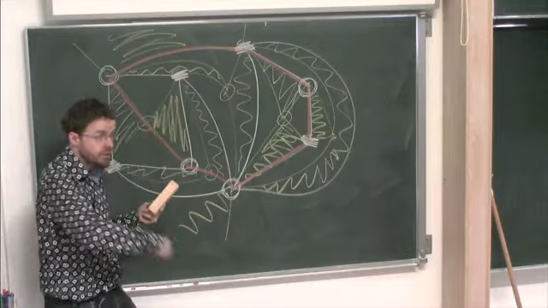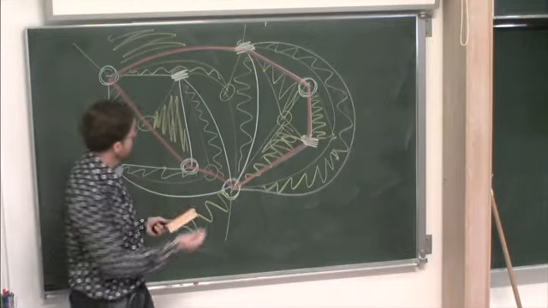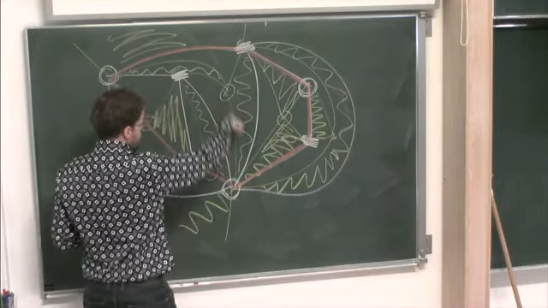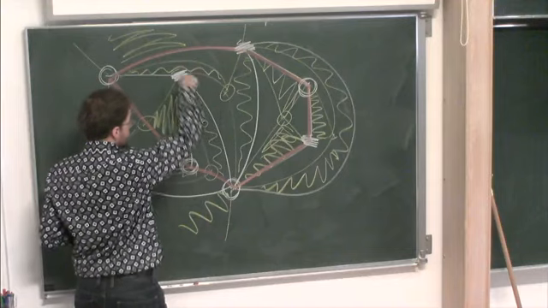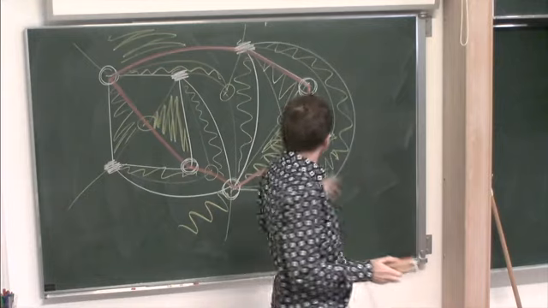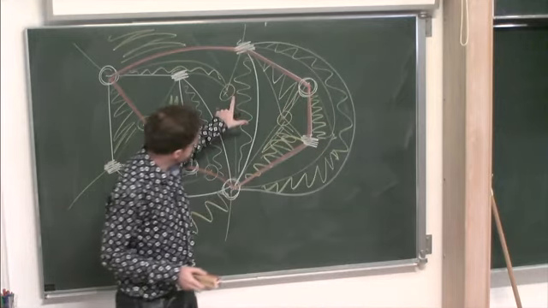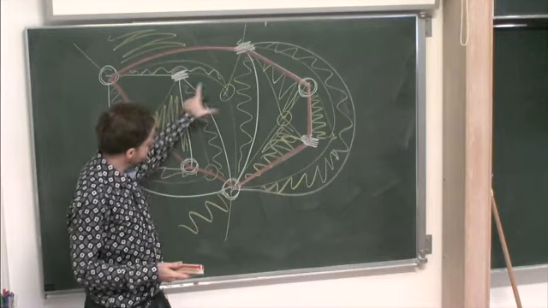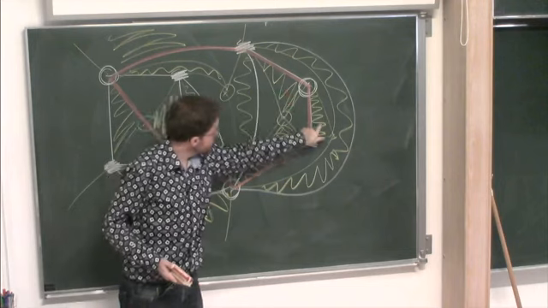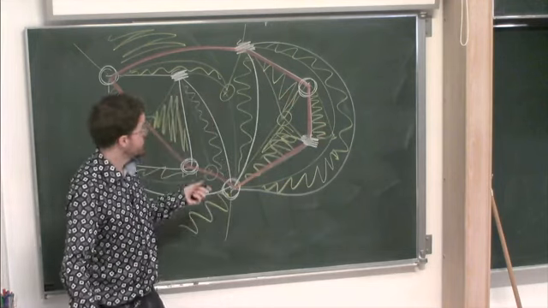And the order in which you see them depends on the color of the triangle. So on the yellow triangles, you see yellow, black, and white. And on the dark triangles, you see yellow, white, and black in this order. So what it means is that when you want to build the Riemann surface out of this pattern of triangles, you have one additional piece of information, which is the color of the triangle.